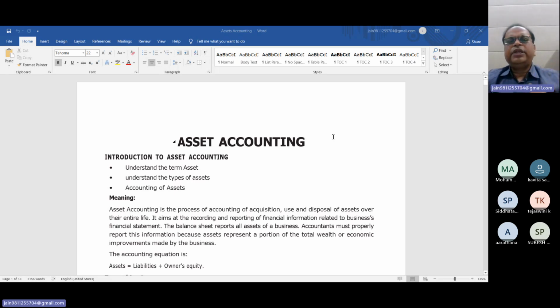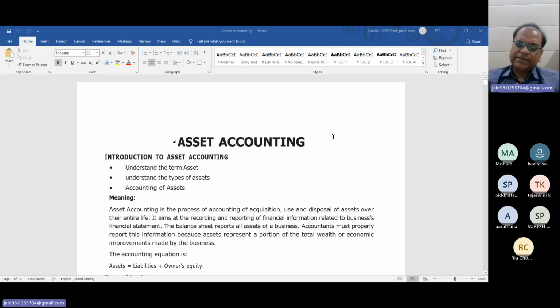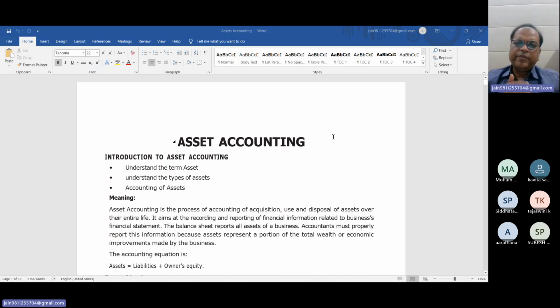The detailed concept regarding asset accounting is given in the second part of accounting. Otherwise, the concept is the same. How to record the cash assets in the books of account: bank account debit, party account debit, purchase assets account debit to bank, to party or to cash. This is the general entry.